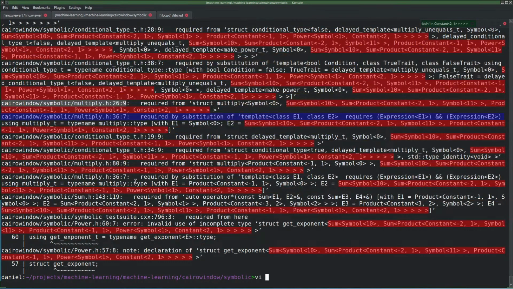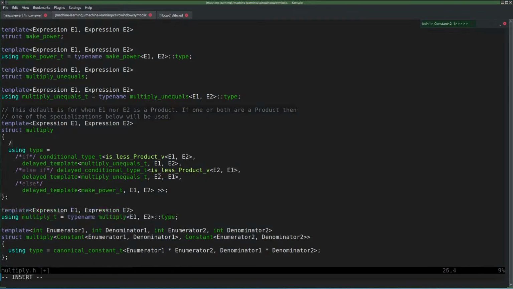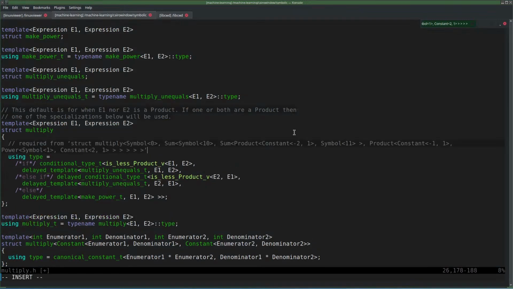Line 26. And that says this. Copy. Thank God it is something. Now what is wrong about this thing then?